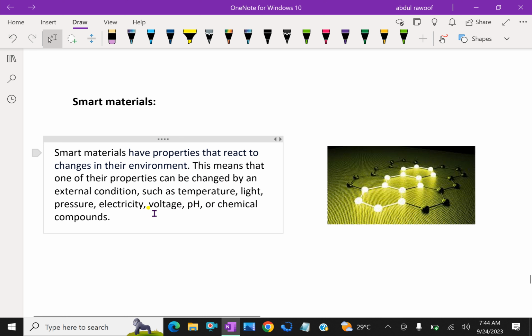Further discussion. Smart or intelligent materials are a group of new and state-of-the-art materials now being developed that will have a significant influence on many of our technologies.